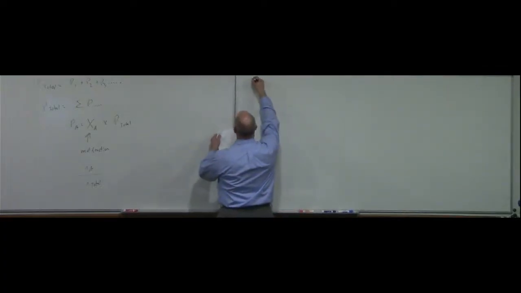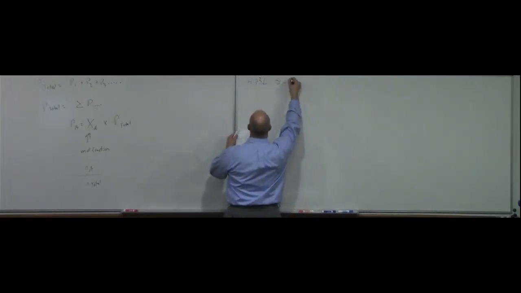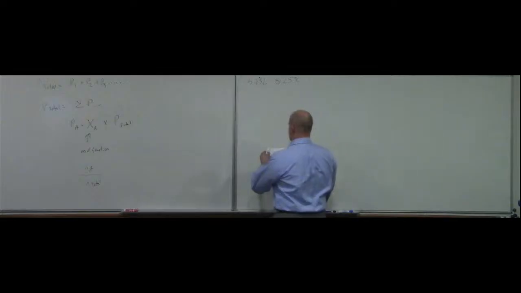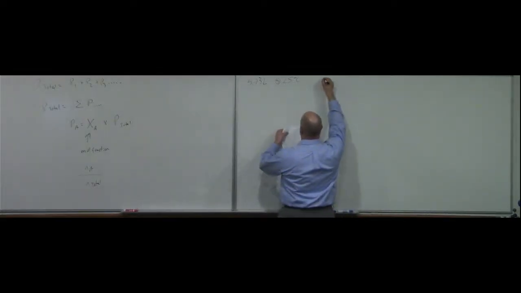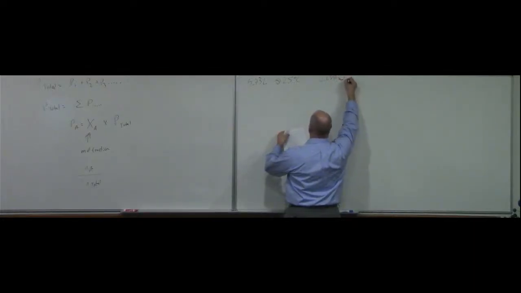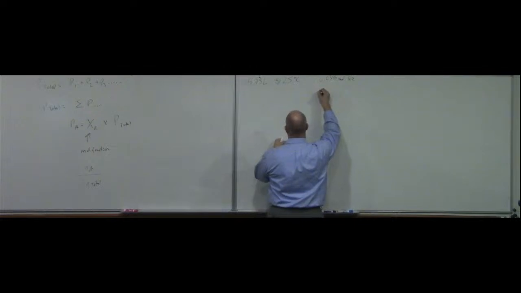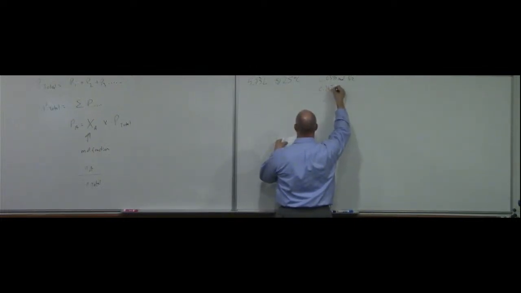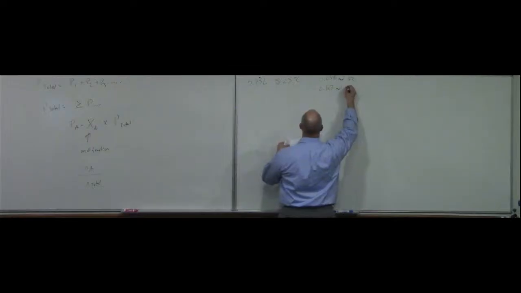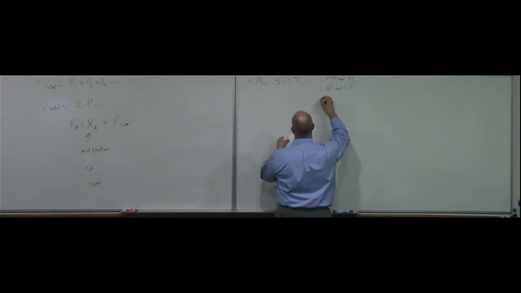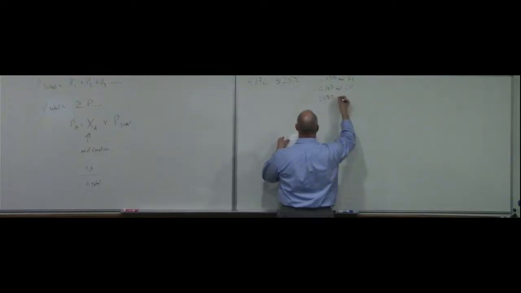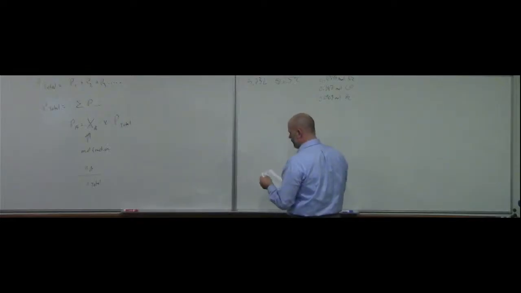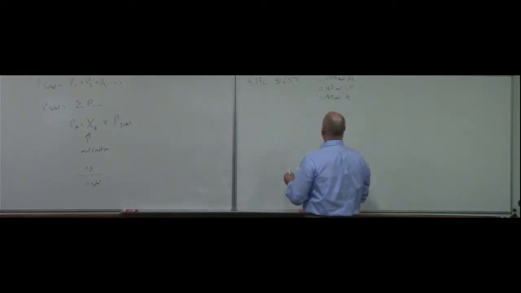A 5.73 liter flask at 25 degrees centigrade contains 0.0388 moles of N2, contains 0.147 moles of CO, contains 0.0803 moles of H2. What is the total pressure in the flask in atmospheres?